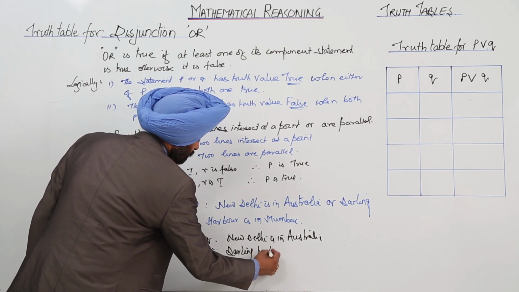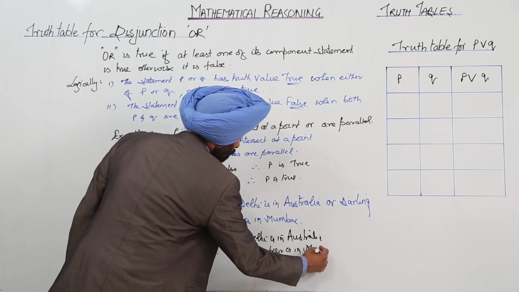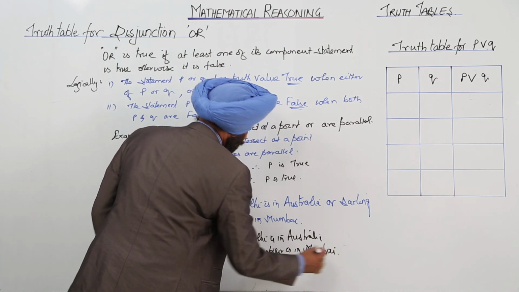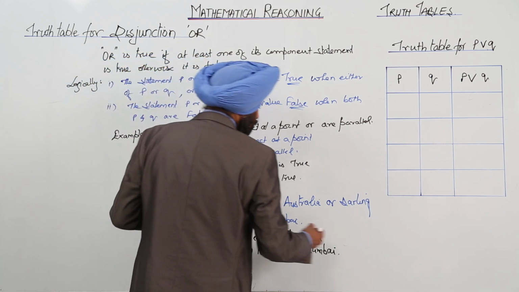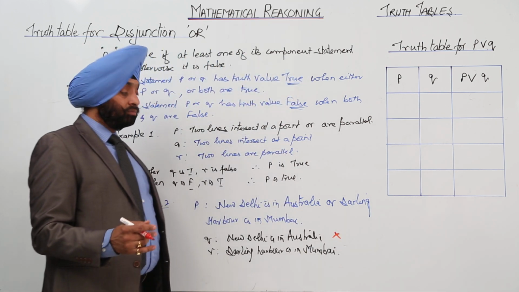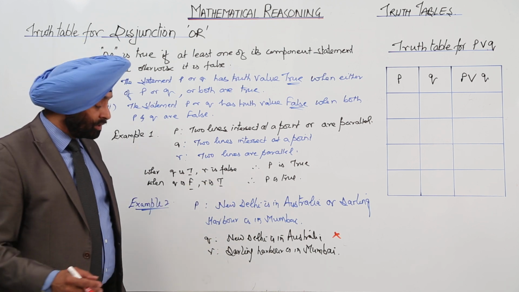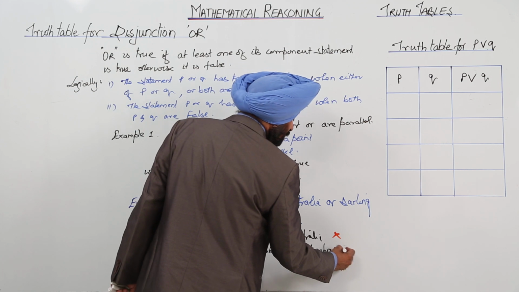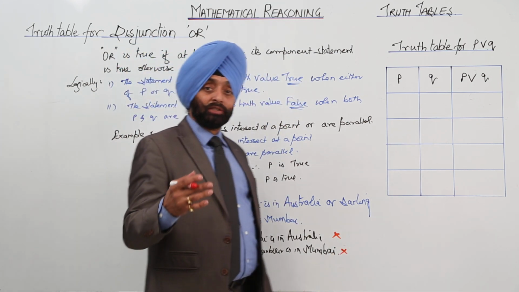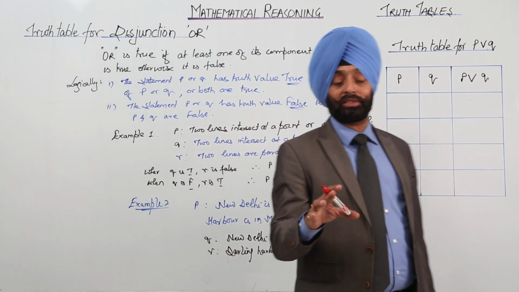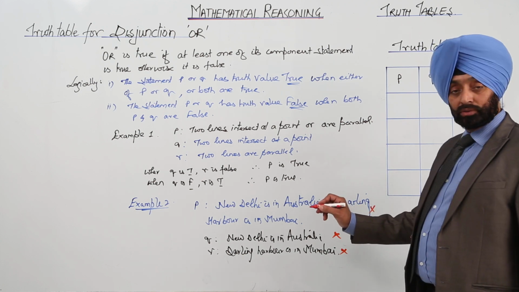R: Darling Harbour is in Mumbai. Now can you tell me New Delhi is in Australia is true? No, this is false, because New Delhi is in India, not in Australia. Darling Harbour is in Mumbai. This is also wrong, because Darling Harbour is in Australia. Okay, so it means both the simple statements are false, then the compound statement will also be false.